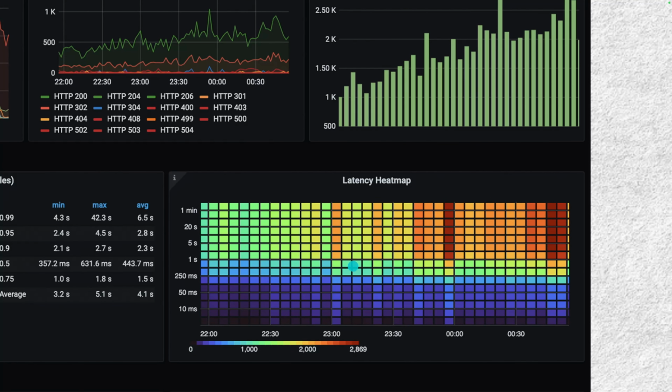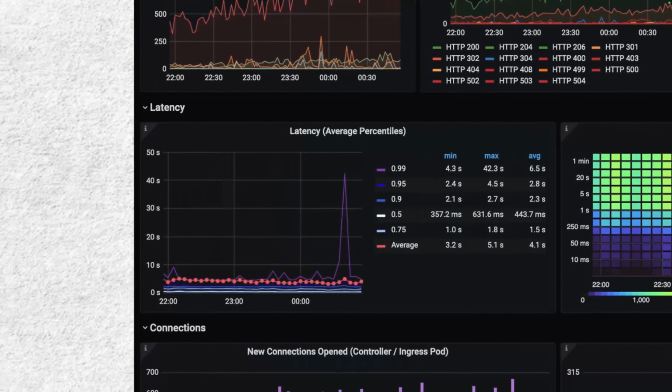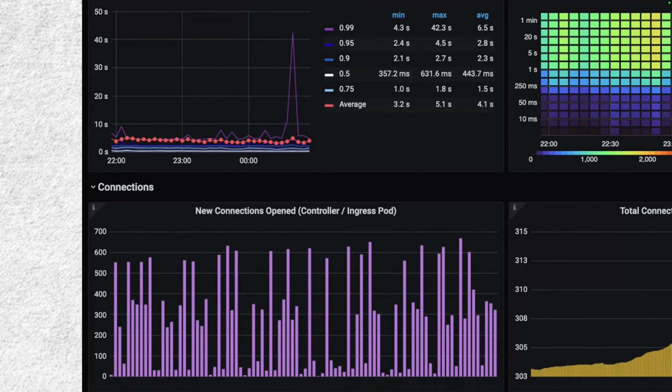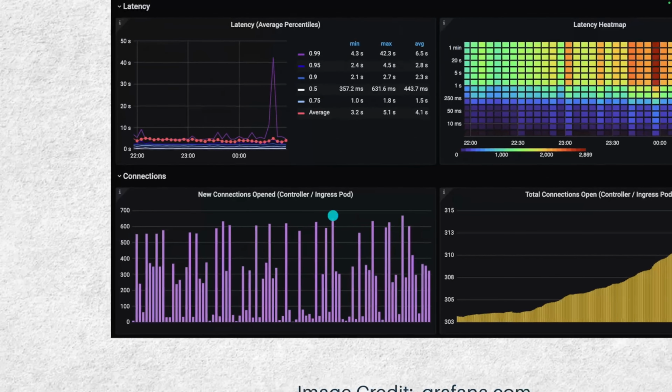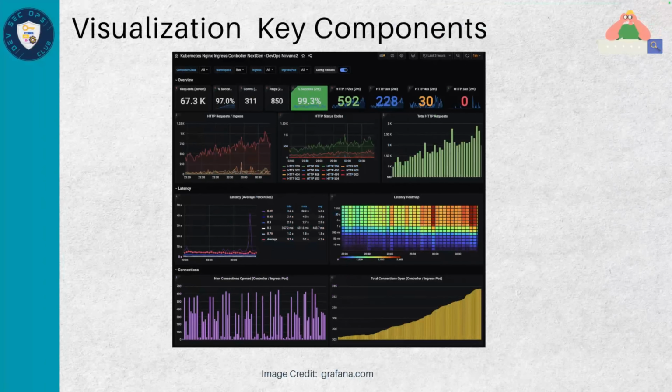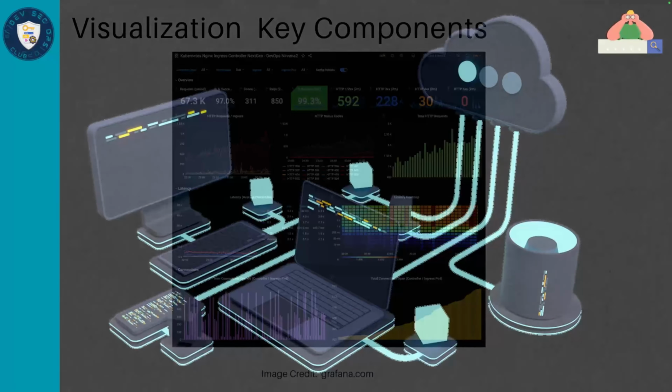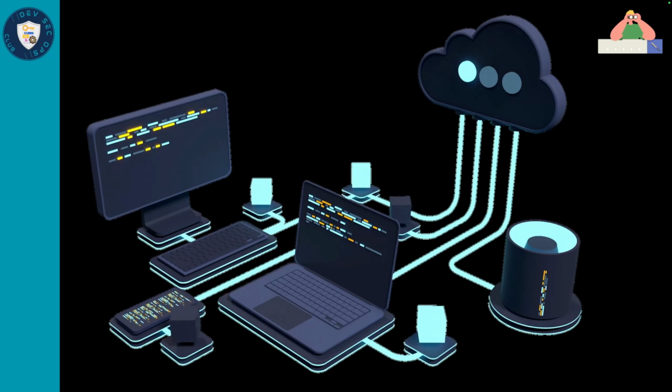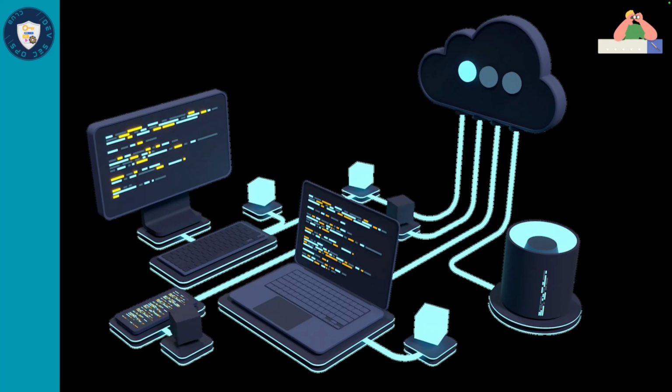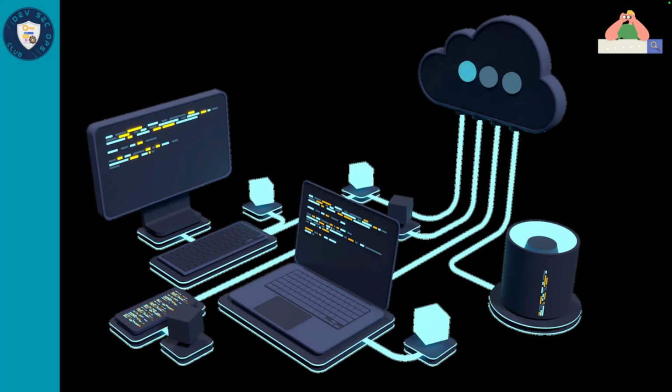A heat map actually looks like this, and you also have average percentile latencies. So depending on what you want to monitor, this is a dashboard example I have taken from the Grafana website. We will create our own dashboard. By leveraging these visual monitoring techniques, IT teams can streamline operations, predict issues faster, and make data-driven improvements.